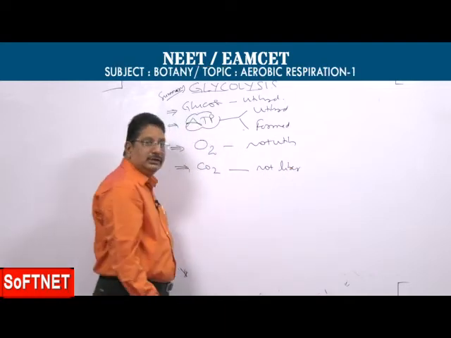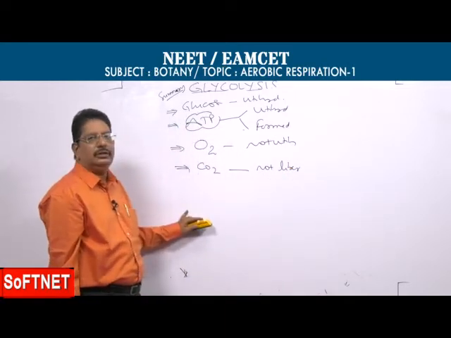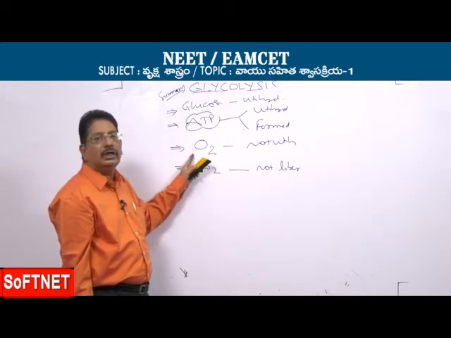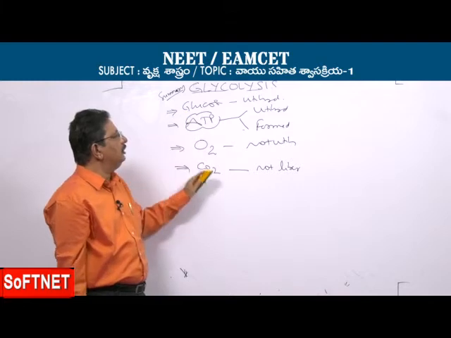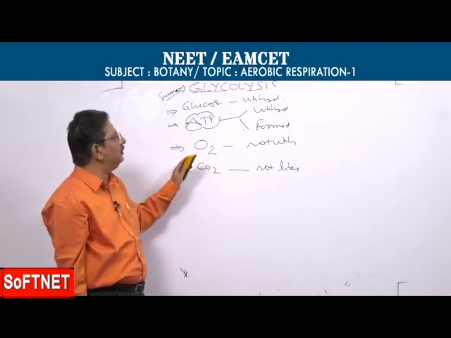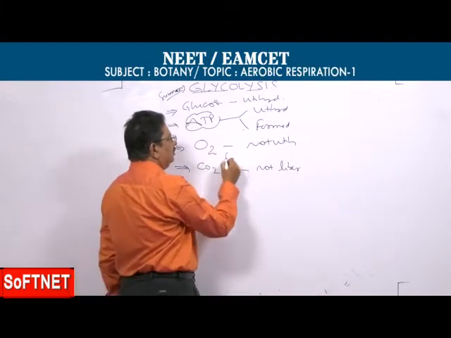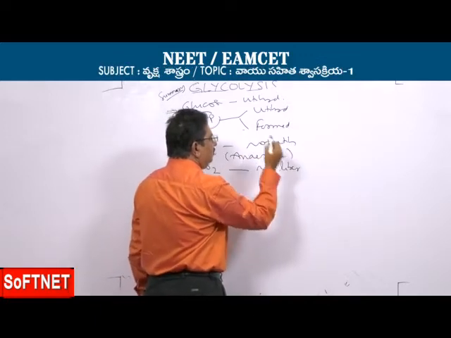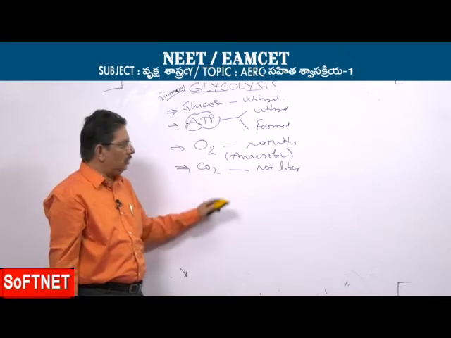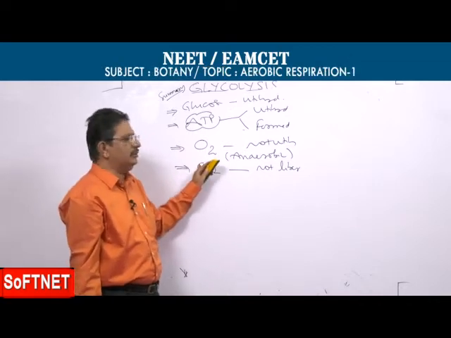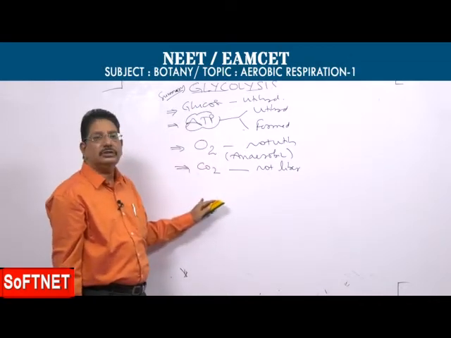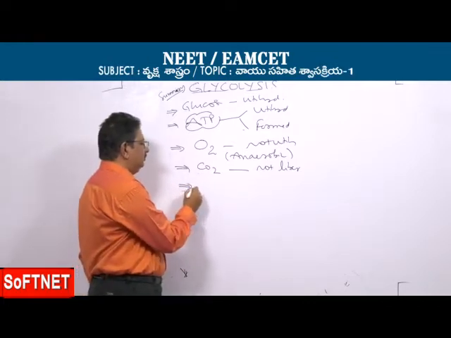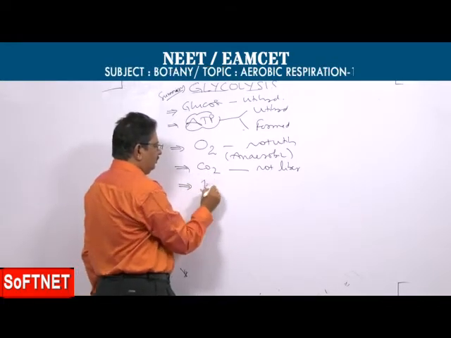Though we are discussing aerobic respiration, where oxygen is important, interestingly O2 is not utilized during glycolysis. So, one can say glycolysis is an anaerobic process. Without oxygen the glycolysis process is able to complete.